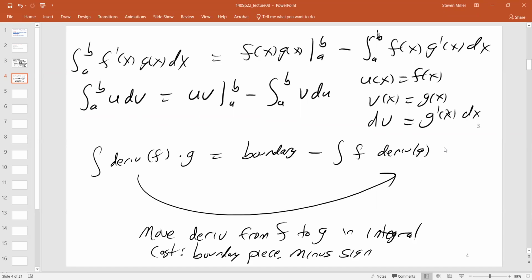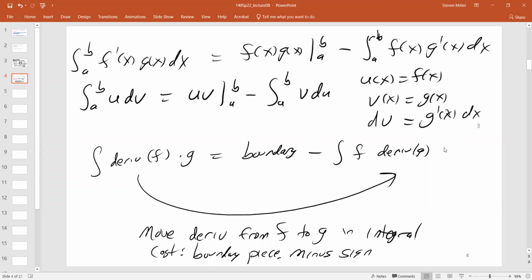You always want to take stock and ask, is this a good trade? So for some problems, I would much rather have the second integral, the integral of f g prime, than the integral of f prime g. Sometimes the second integral is just going to be an easier integral to do. What does it cost me to make that trade? Am I sacrificing my firstborn son?